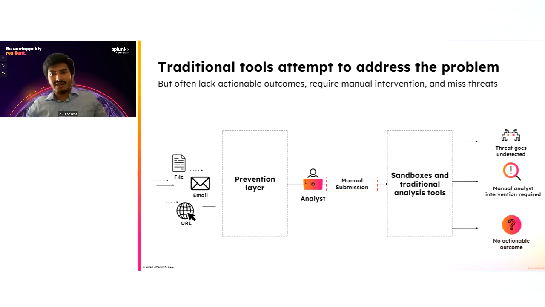perimeter protection stack. This prevention layer can be seen as, hey, I have Proofpoint, I have Abnormal, a state of the art inline processing system. Some of these emails, files, and URLs are malicious and are not caught by the system, even though it very well caught all the things that it should be catching.